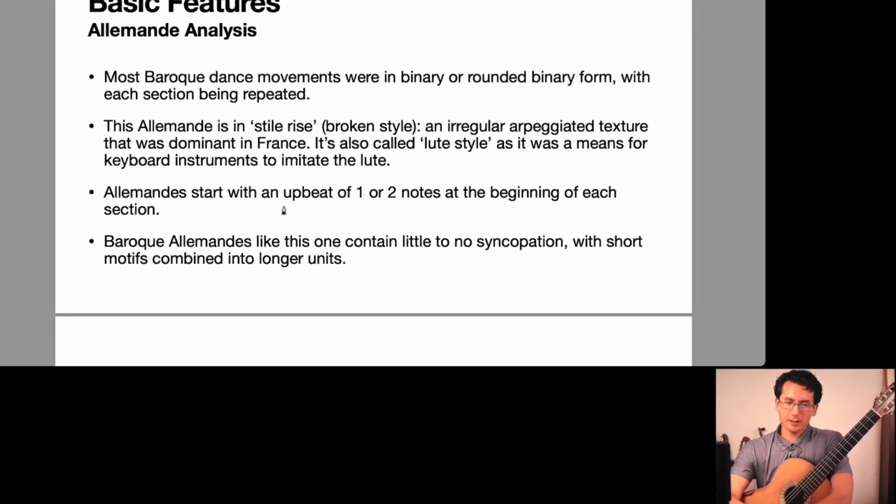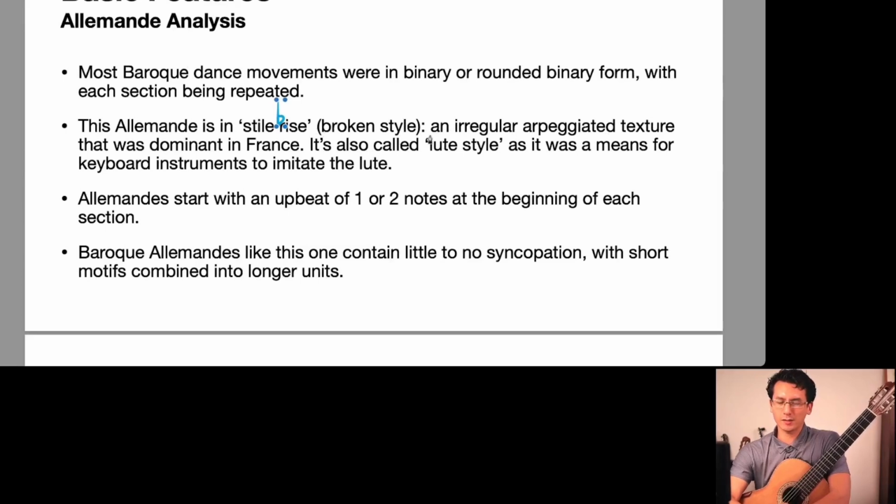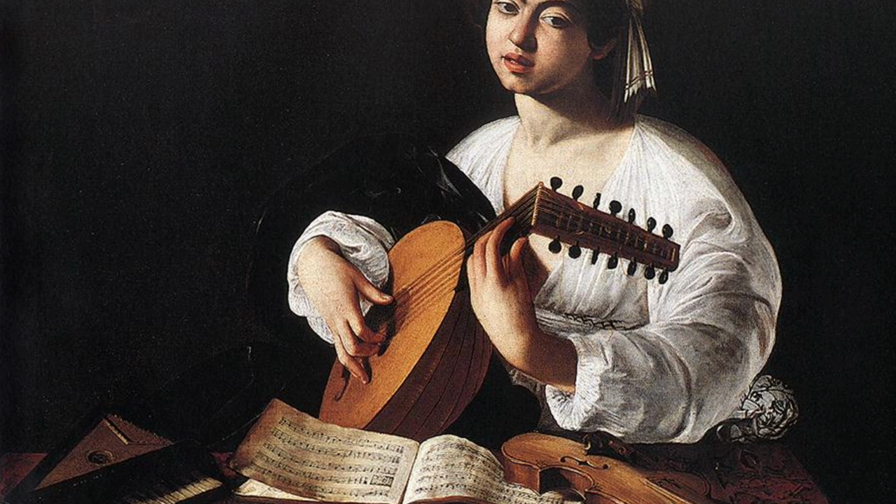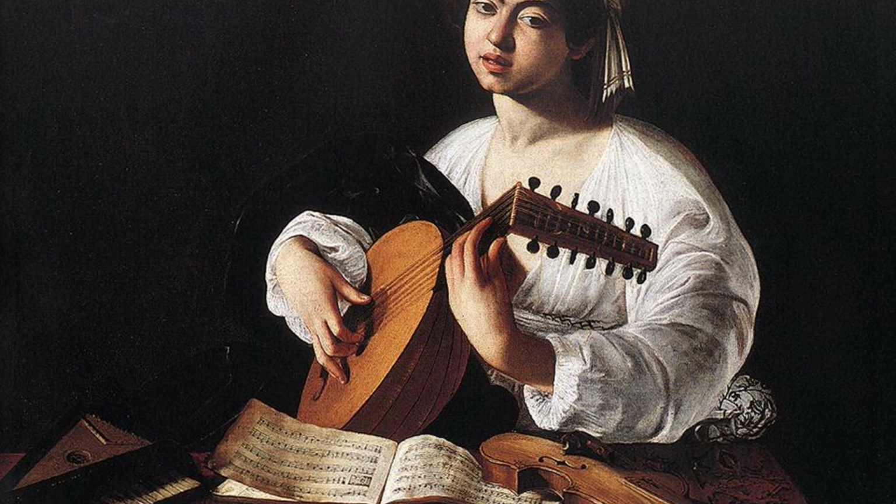This particular Allemande is what's called style brisé, broken style, which is an irregular arpeggiated texture. It was dominant in France, hence the French word title. And it's also called lute style, as it was a means for keyboard instruments to imitate the lute.